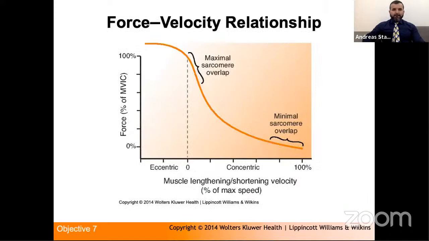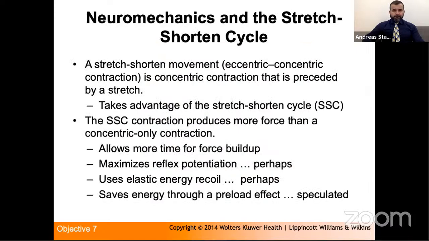We can produce more force in the eccentric phase, and at lower speeds. There are different explanations about why we have that stretch-shortening movement, the advantage of the SSC, the stretch-shortening cycle, right?